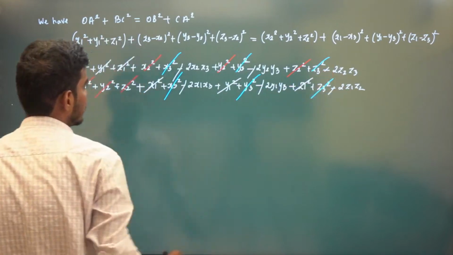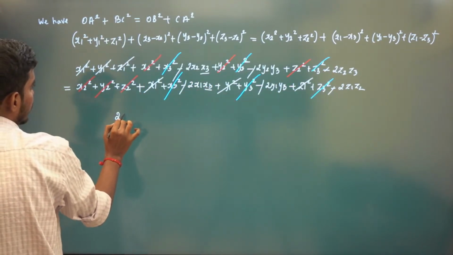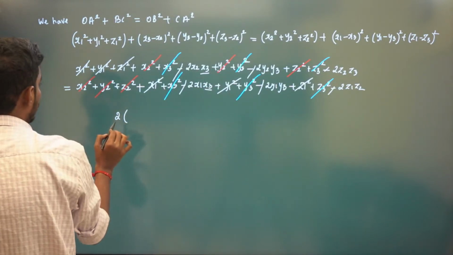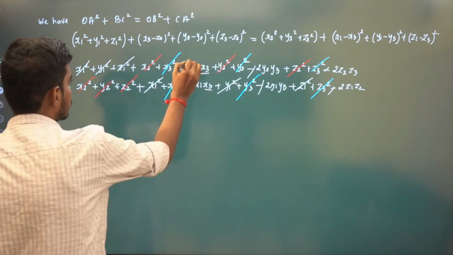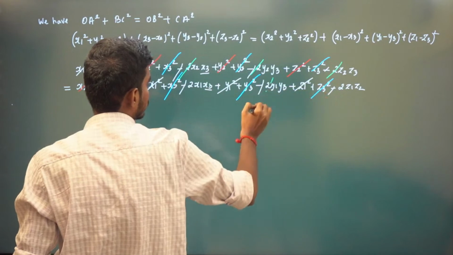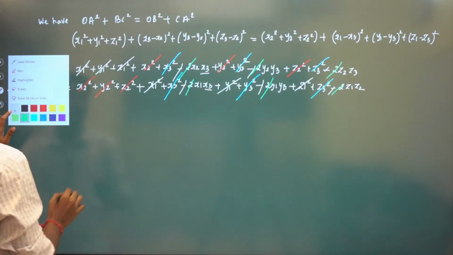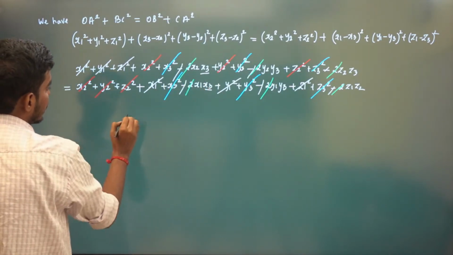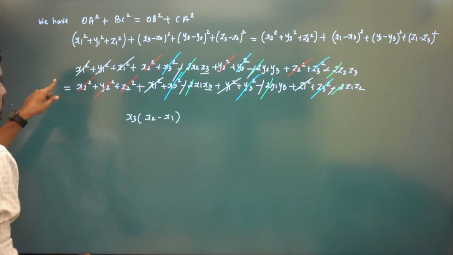If I take minus outside, and take 2 outside, we can also cancel this 2, 2, 2. Now if I take x3 outside, we will have x2 minus x1, because it is equal to.